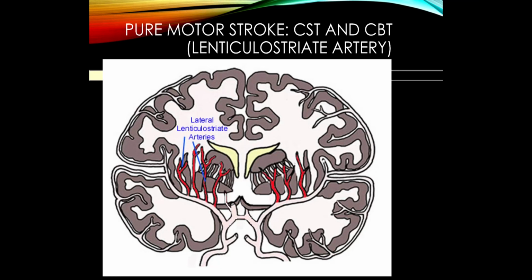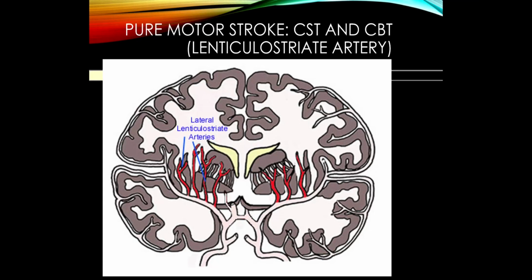Most medical students, even if you just do 2 weeks of inpatient neurology, you're going to see this stroke. It's that common. And it's called a pure motor stroke because the patient comes in with weakness in the opposite lower face, arm, and leg. And they have nothing else. They just have weakness. They don't have visual loss, sensory loss, anything else.